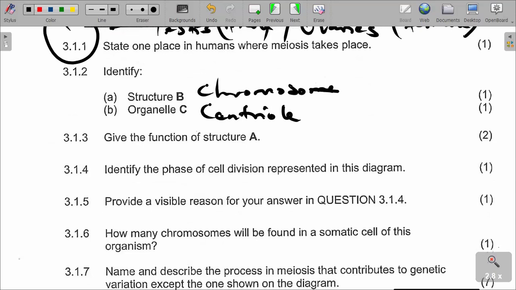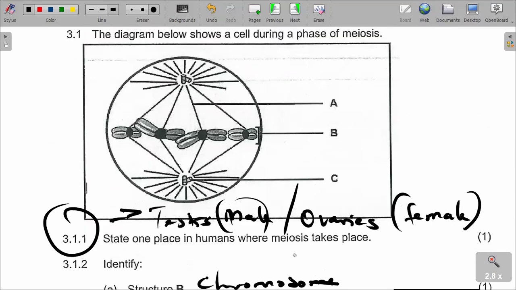Give the function of structure A, which we are saying is the spindle fibers. The spindle fiber basically attaches to the centromere of the chromosomes and contracts in order to move the position of chromatids or chromosomes.